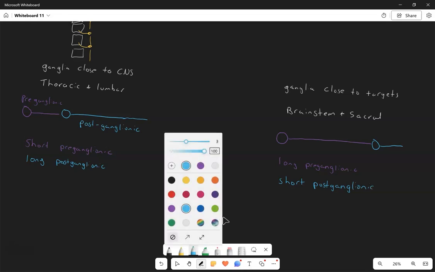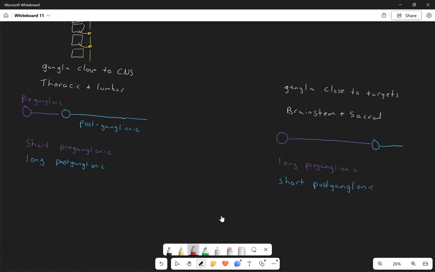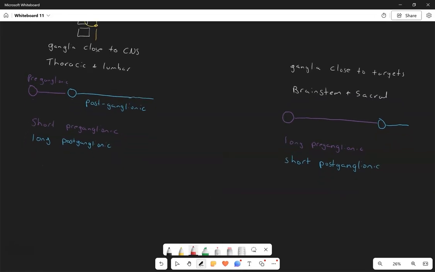Now, with these, there are a couple of different neurotransmitters that we're going to talk about. There is ACh, which is acetylcholine.